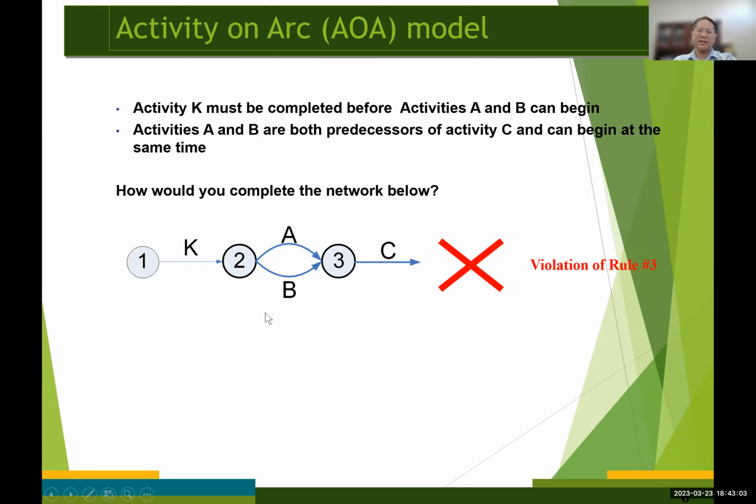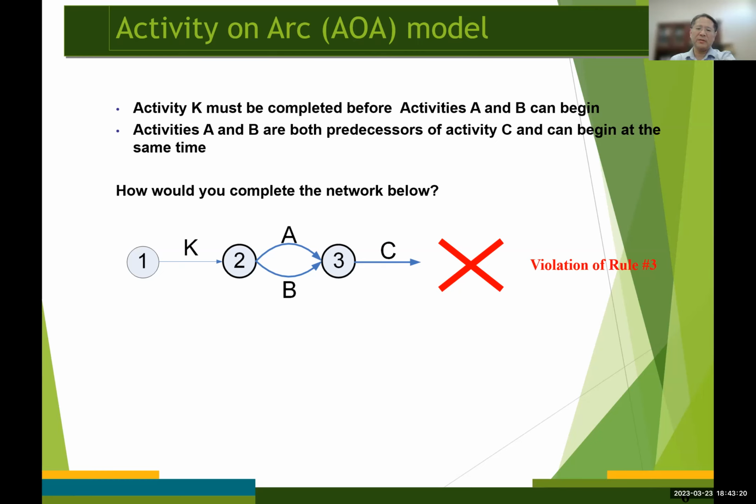So that is the violation of the last rule, rule number 3. So in this case, what you need is to introduce a dummy activity that takes 0 time, of course.